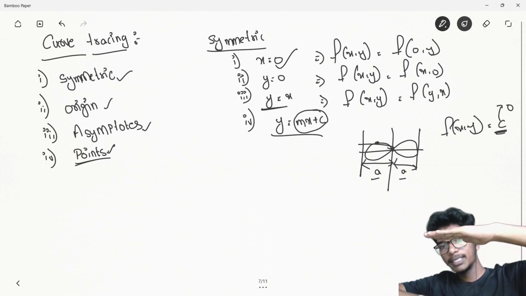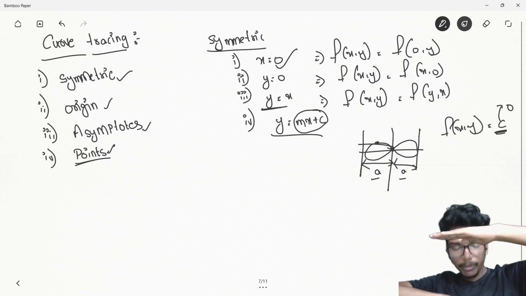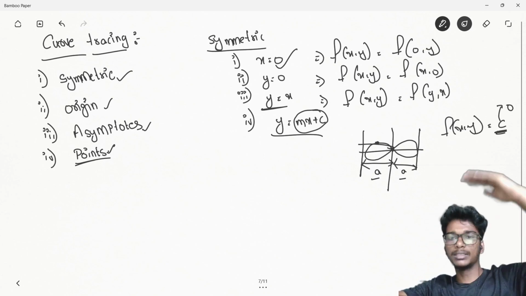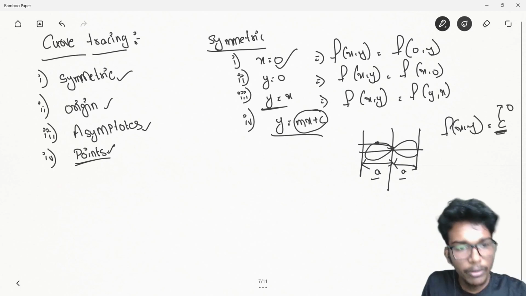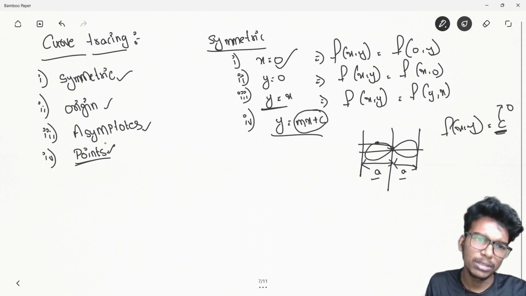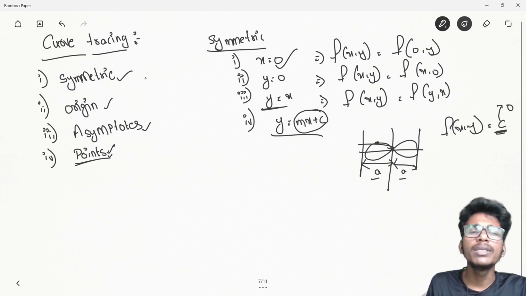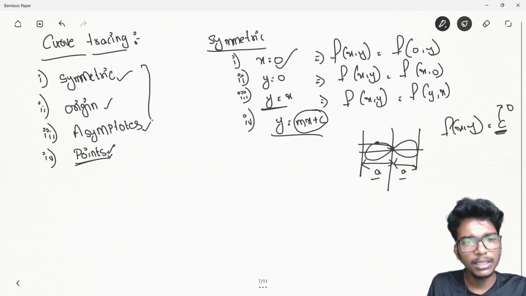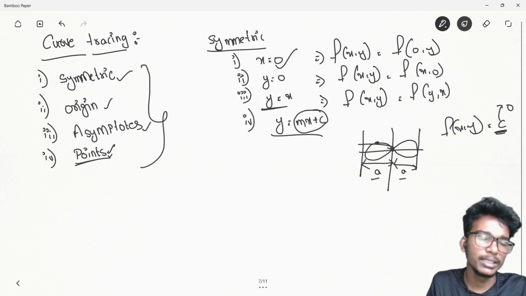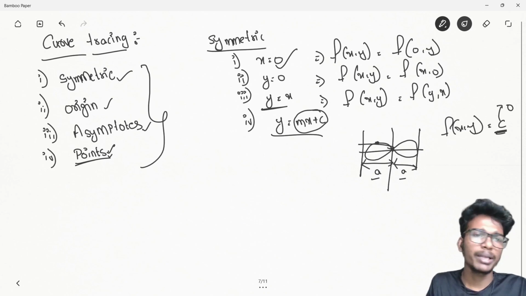And if you have a tangent at this location, it is the lower limit, and this is the upper limit. The function can vary between these. For boundedness, we use tangents, just like asymptotes. Asymptotes are nothing but tangents at infinity. And we will check the normals, the points of contact of normals, and all these things in points. If we discuss a problem, I think you might get a clear idea about curve tracing. This is the basic mathematical intuition we have to carry out before tracing the curve.